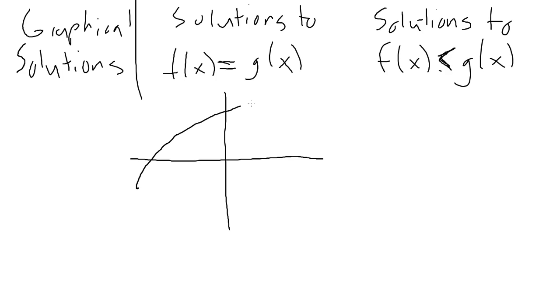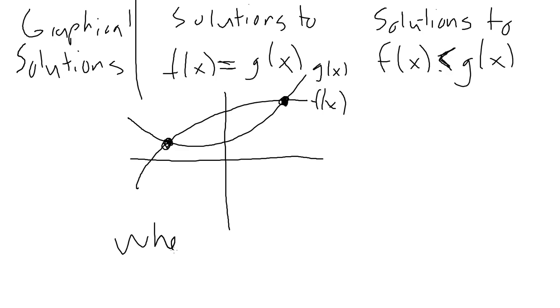So let's say f looks like this, and g looks like this. So we have g of x and f of x. And we want to know when are they equal. Well, what that means is when are the outputs equal for the same x input. So the solution is where they intersect, because that's where the graphs of the functions are equal.